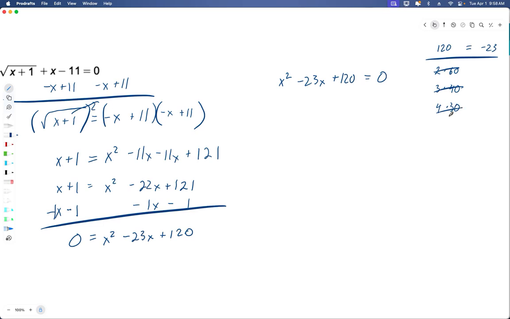I'm trying to think of all of those factors. So there's 6 times 20. That's not going to do it. There's 10 times 12. That's not going to do it. That's close though.